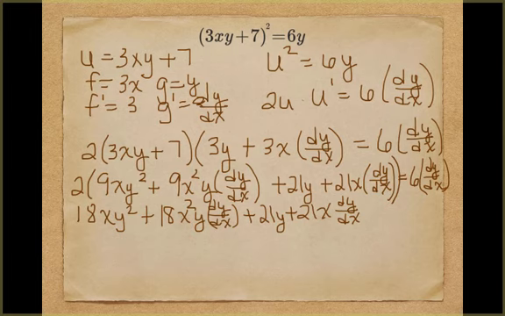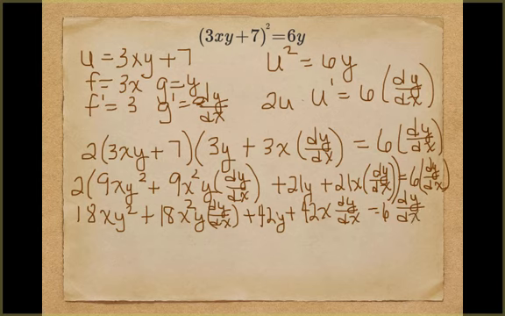Hang on, I didn't multiply those last two terms by 2. It'd be 42 and 42 here, equals 6 dy/dx.